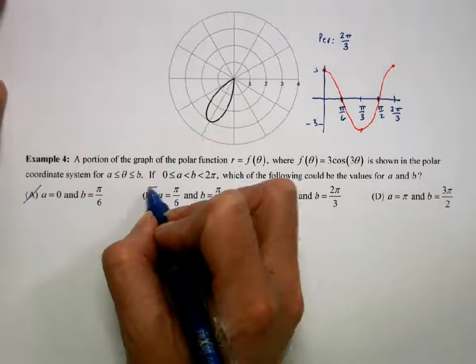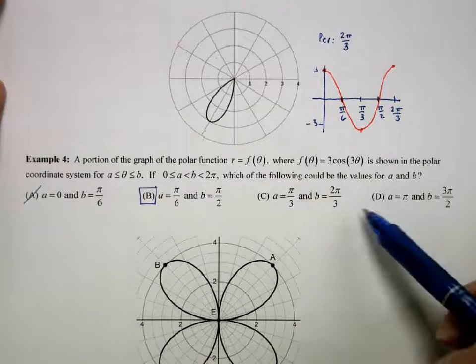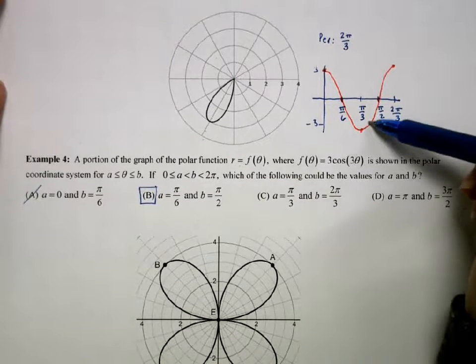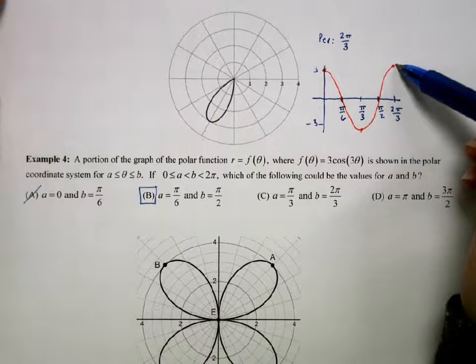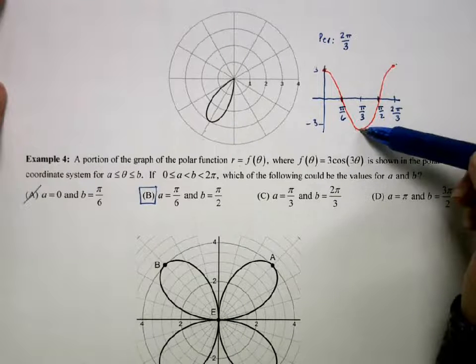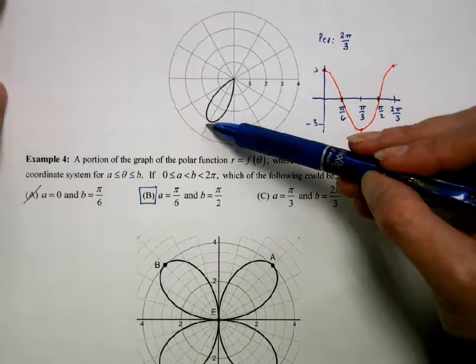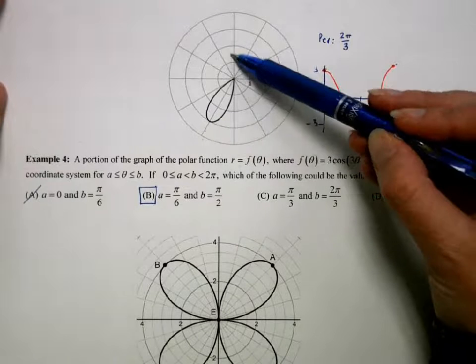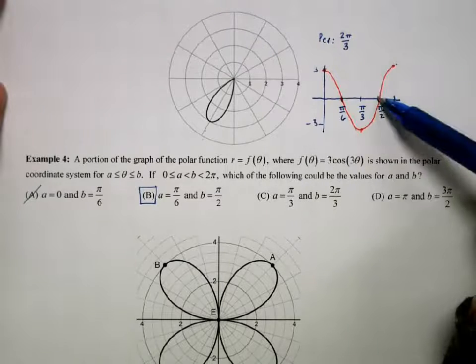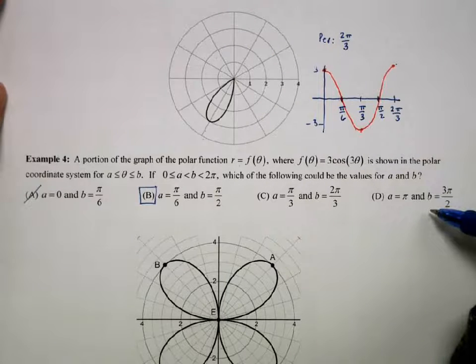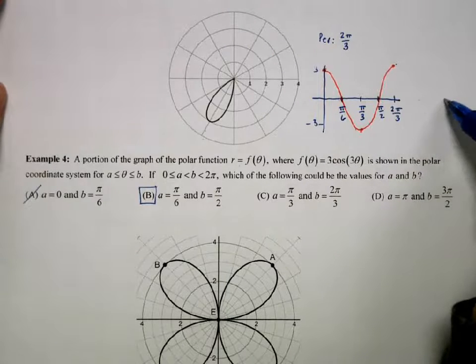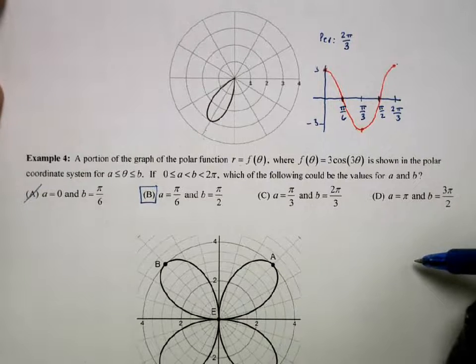Pi over 3 to 2 pi over 3, that's going to give me 2 half petals because it's going to start at this point, draw half of one, and then another half of one. So that's not what we're looking at. And then from pi, which I have out here, to 3 pi over 2, that's not going to work either. So the rectangular graph can get us what we're looking for there.